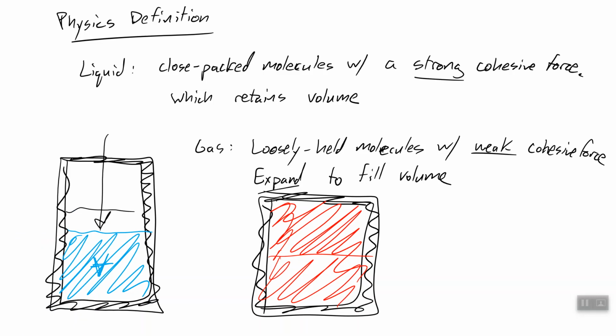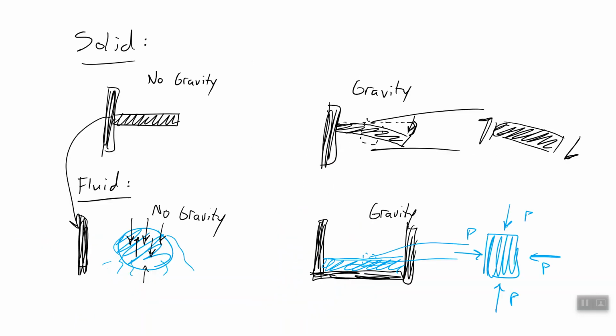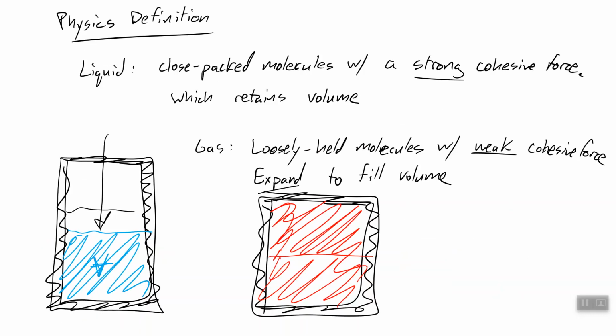Okay, so that's the difference between a solid and a fluid, and then amongst our fluids, between a liquid and a gas. But just like anything else in life, there hardly is black and white. Do we ever have a solid and a liquid?